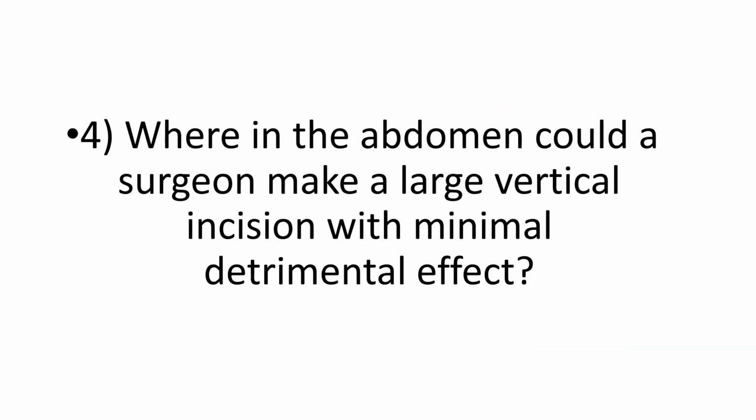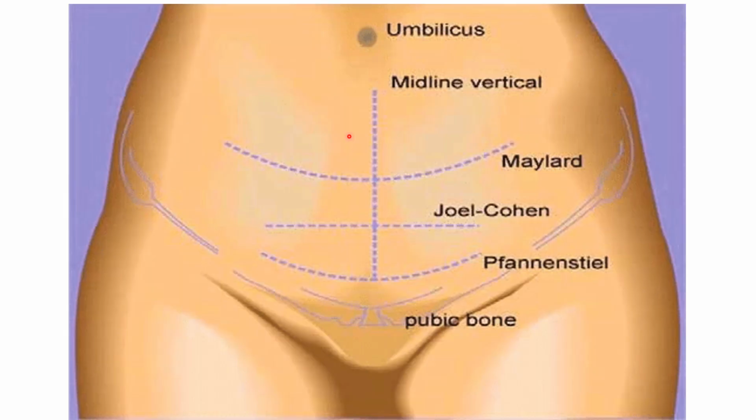Now the fourth question is, where in the abdomen could a surgeon make a large vertical incision with minimal detrimental effect? The vertical abdominal incisions may be made at the midline. Here you can see a midline incision through the linea alba. An incision 2.5 centimeters on either side of the midline is called a paramedian incision.